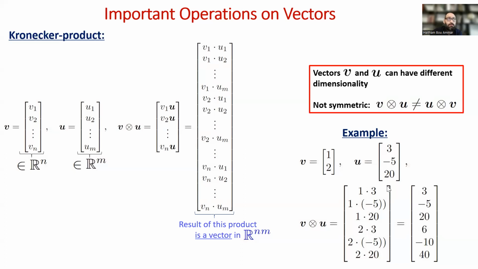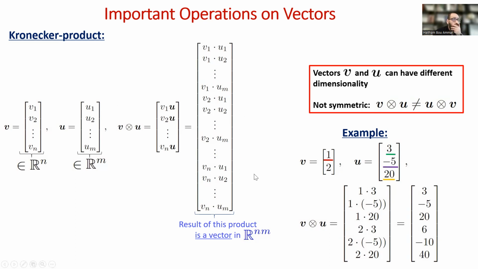Now, here's an example. Notice that we have V, which is 1, 2, and U, which is 3, minus 0.5, and 20. Notice that V here is 2 dimensions, and U is 3 dimensions. So n and m are not the same dimension. n is 2 dimensions, so n equals 2, and m equals 3.